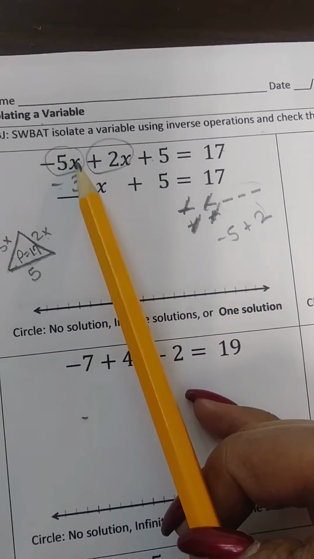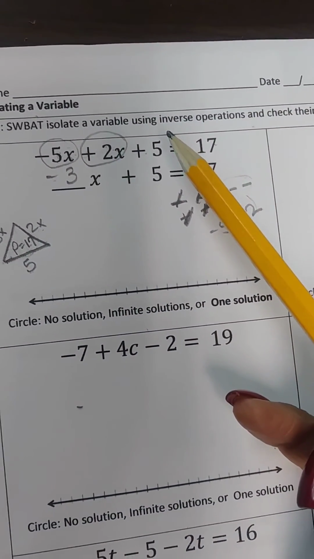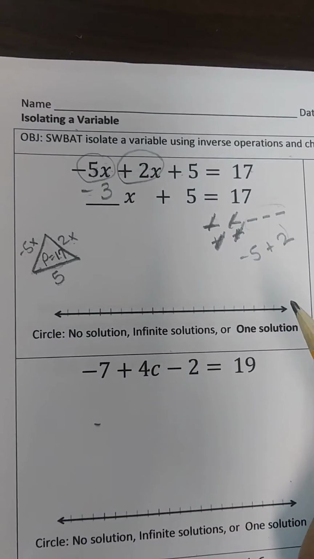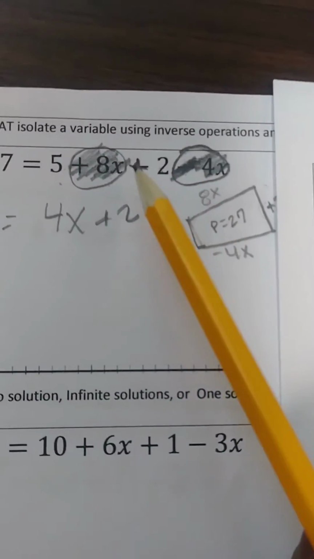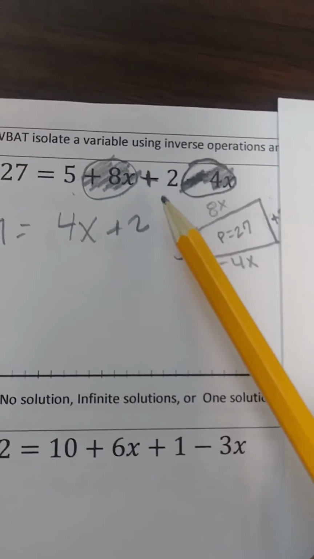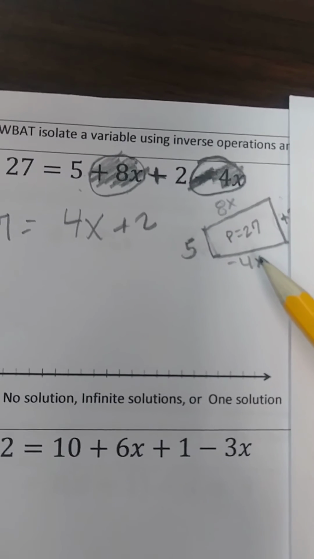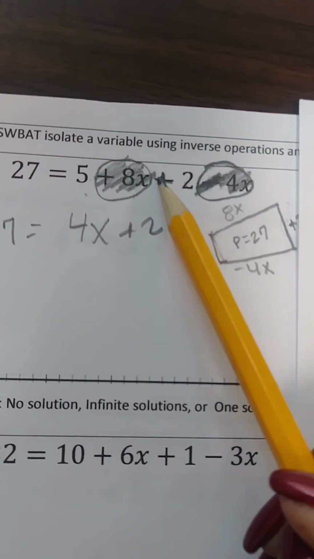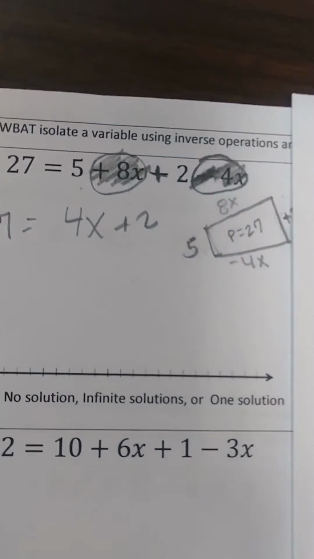I did not have to jump over a term to figure out how or what the collection of those terms would be. Here, oh, I had to jump over that too, didn't I? To get to negative 4x. But when doing that, be careful. Don't take this symbol. Take the 1 in front of the 4.